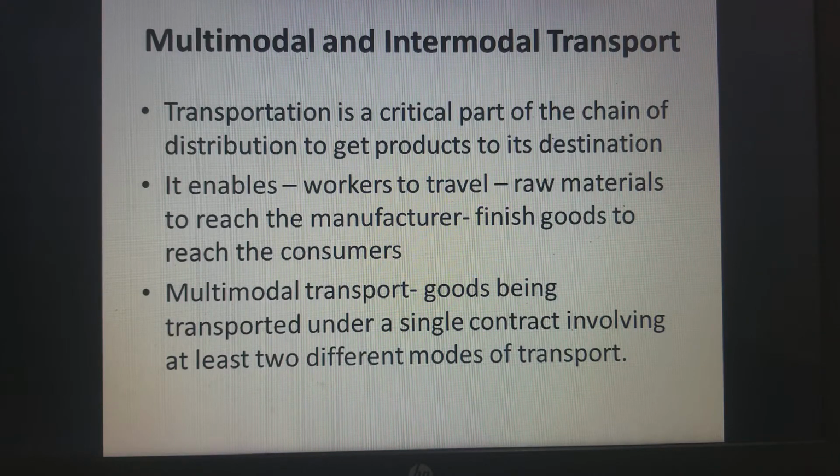Maybe rail transport and sea transport, or sea transport, then rail transport, then road transport. So multimodal means you're using more than one mode of transportation to move the goods from one location to another.